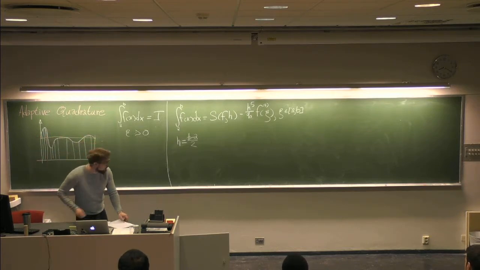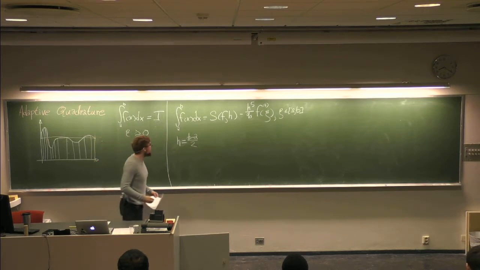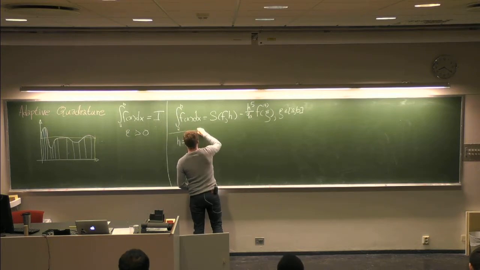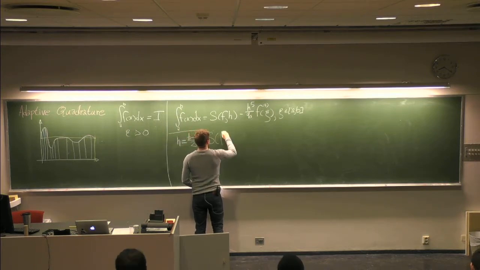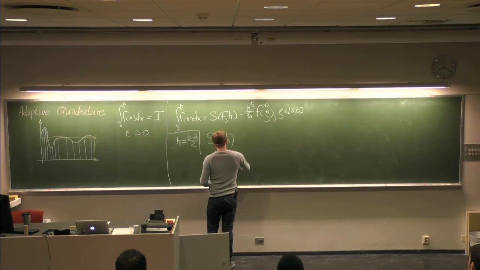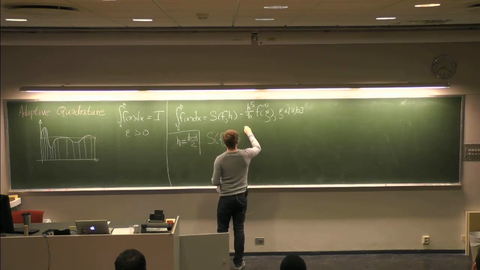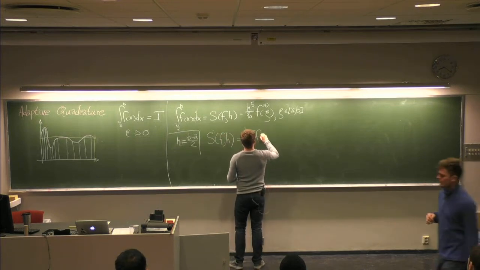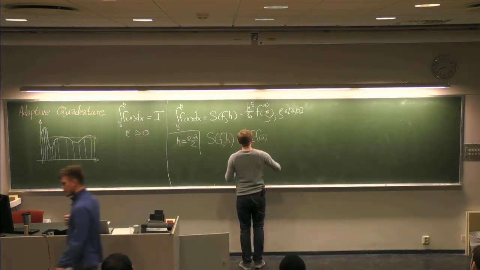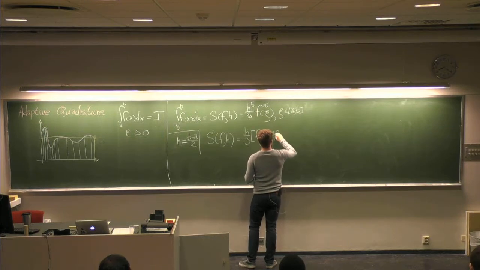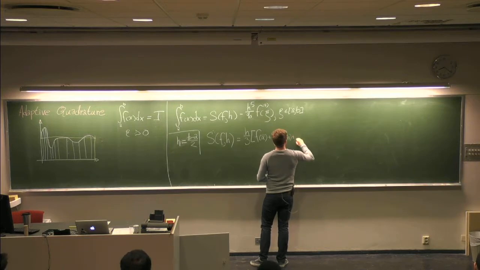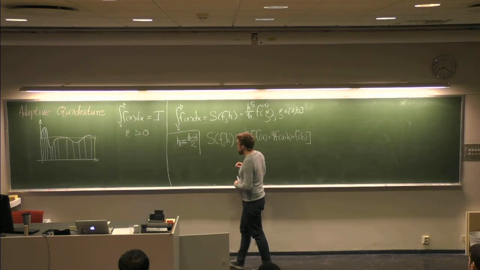I should also write up what the Simpson method is for later. S of h is going to be h over 3 times f of a plus 4 f of a plus h plus f of b, as we had in the last lecture.